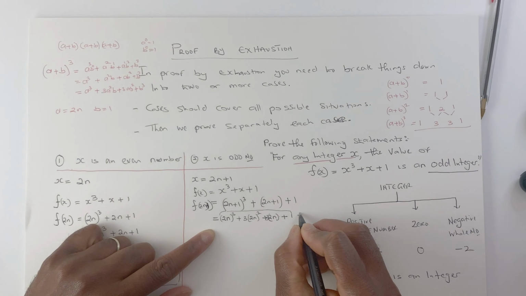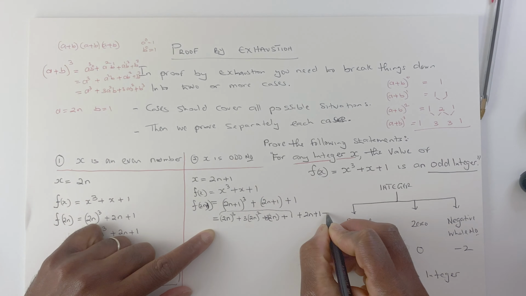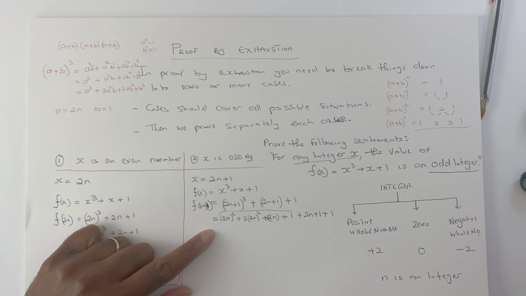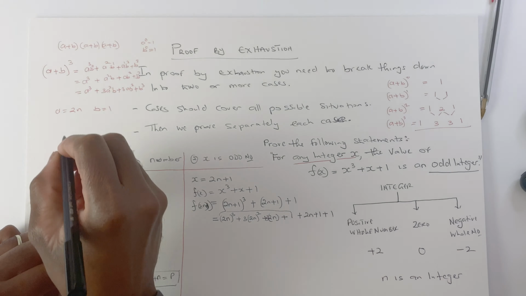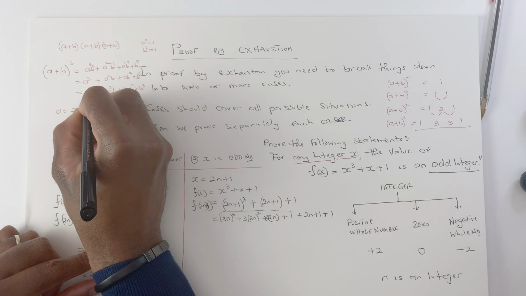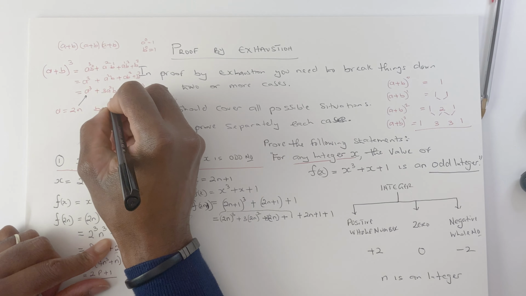And then I need to put plus 2n plus 1, then plus 1. Remember, I'm replacing a with 2n, and 1 is b, so that goes in there.